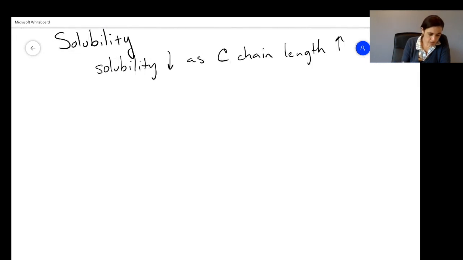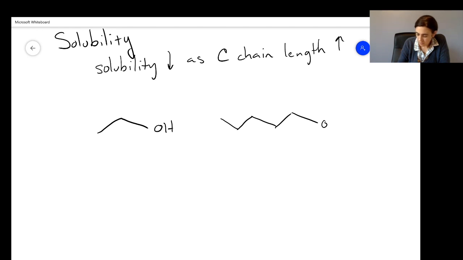We can see this in comparing, let's say, ethanol with pentanol. That's the one I have data for. All right, so ethanol is essentially infinitely soluble in water.